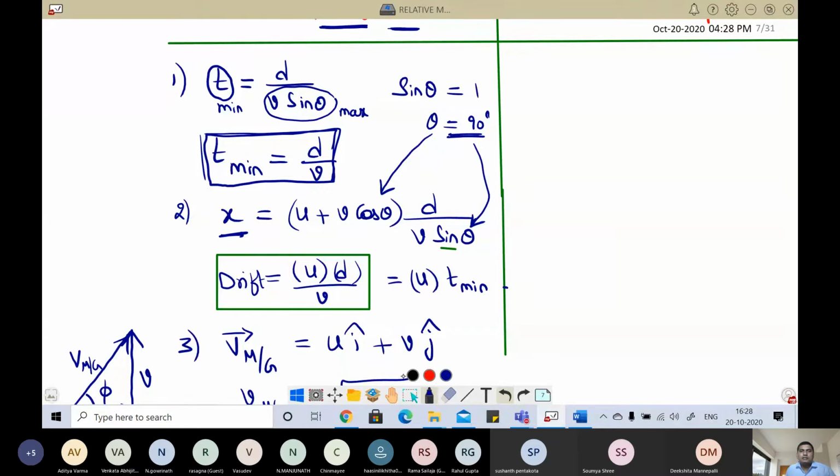Third is the final velocity of man with respect to ground, both in magnitude and direction. With this we have finished man crossing the river in the shortest time.